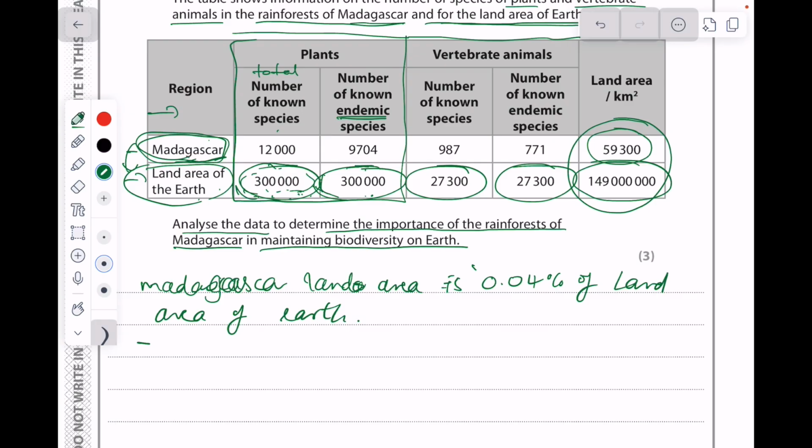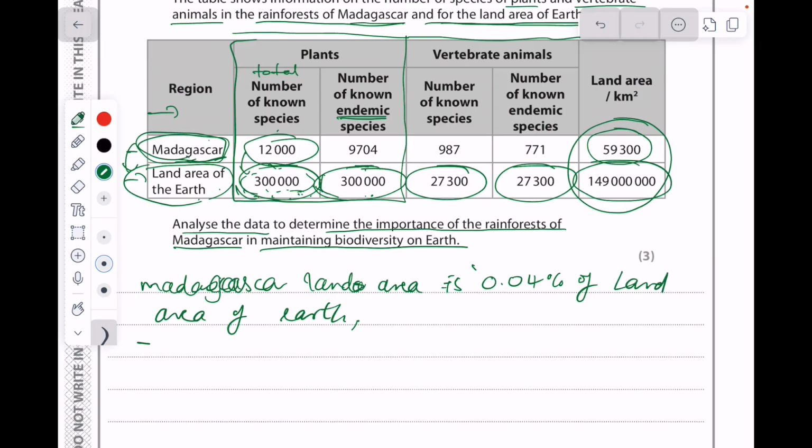But total number of known species of plants, so let's work out now a percentage of plants. Percentage of plants on Earth. Okay, so if we work out the total number of plants that it has, 12,000 divided by 300,000 times 100 equals 4%. It contains 4% of the total number of known species.